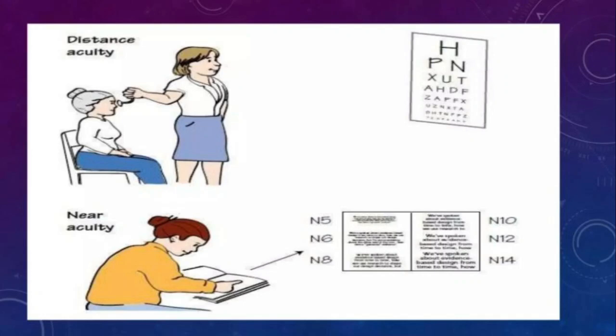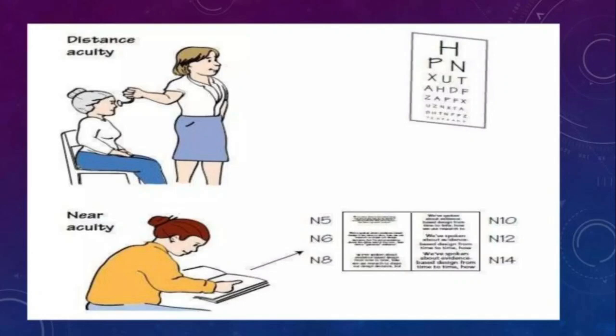For example, 20 by 20, or 6 by 6, vision is considered normal visual acuity, which means that you can see an object at 20 feet. That also means 6 meters.